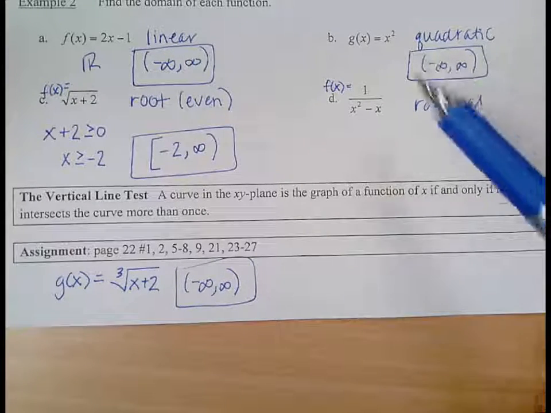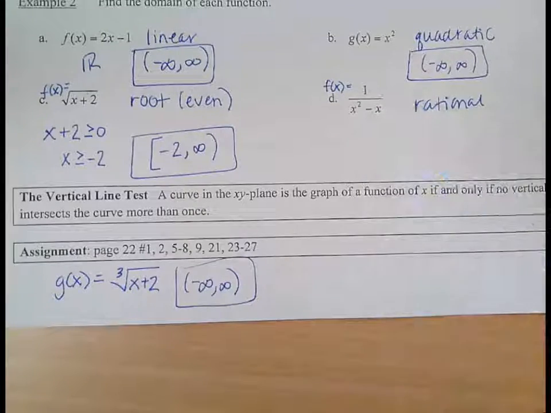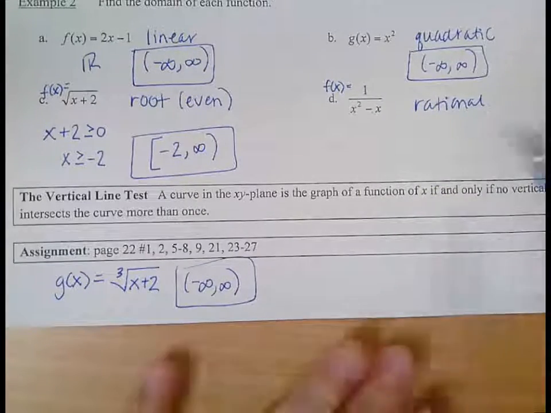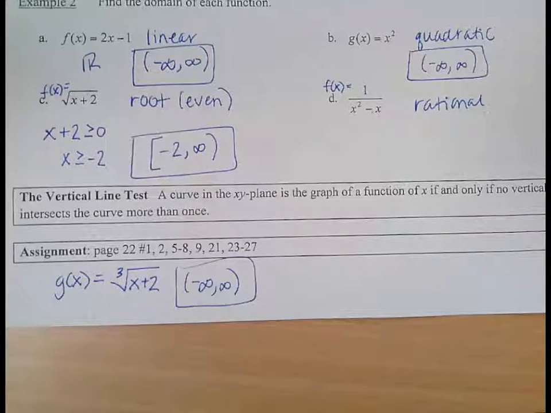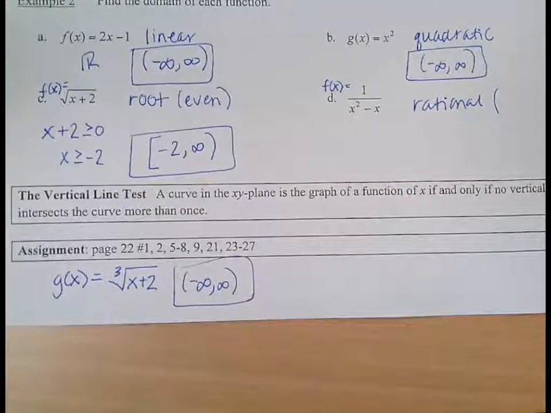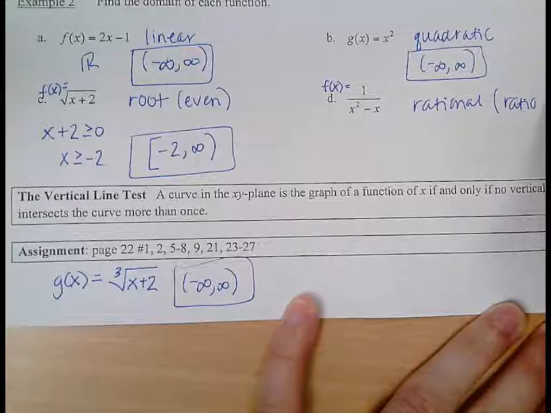So it's rational because it is a ratio of polynomials. And I know this part where I'm identifying the function, do I expect you to do that today? No, I'm just having you write it down. We will get to a point in chapter 1 where you are identifying the functions. So this is kind of skipping ahead, ratio of polynomials.